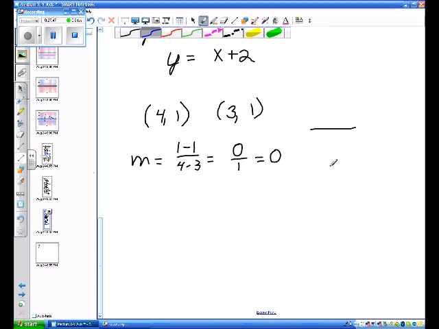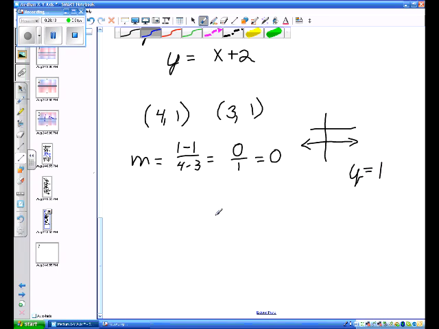So horizontal lines only cross the y-axis. If you think of a horizontal line on our coordinate plane, then it only crosses the y-axis. So we can only have a y value. Well, notice in both of our points, our y value was 1. So we can come up with that our equation then is y equals 1.